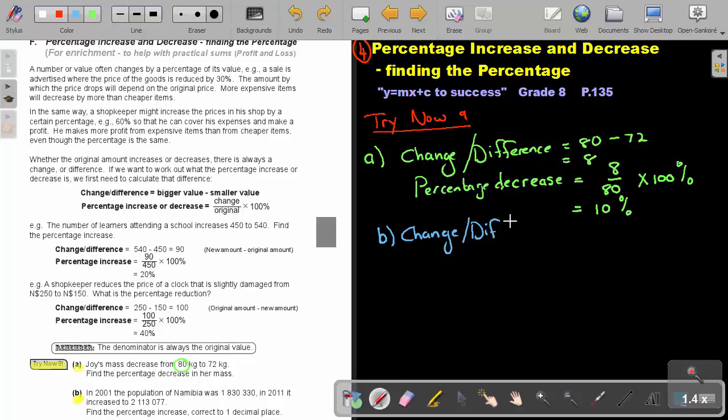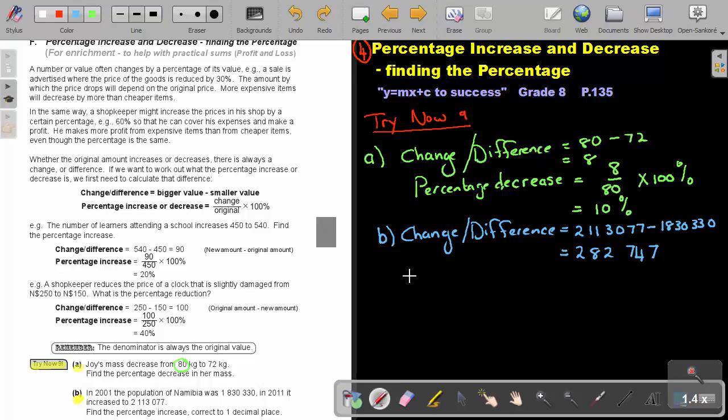You don't have to write both. And that will be, it's a big number, 2113077, and you subtract 1830330, and you come to an answer of 282,747. So it increased by that amount.